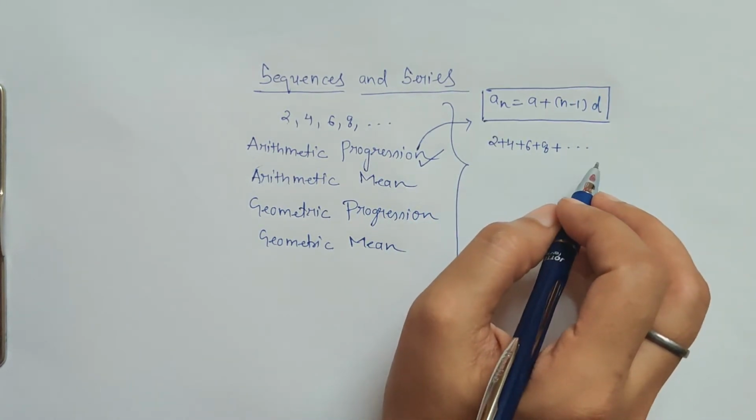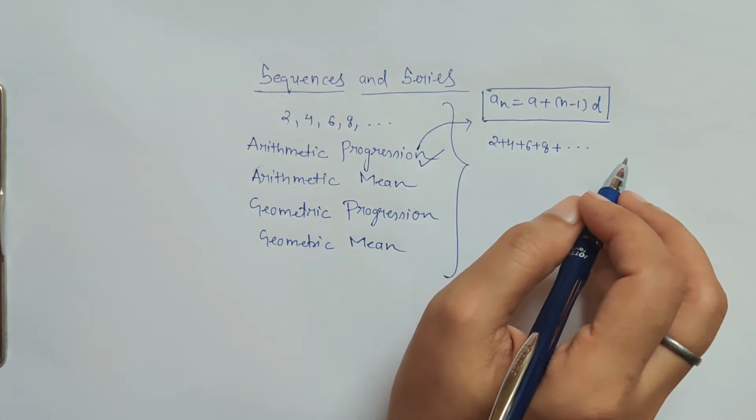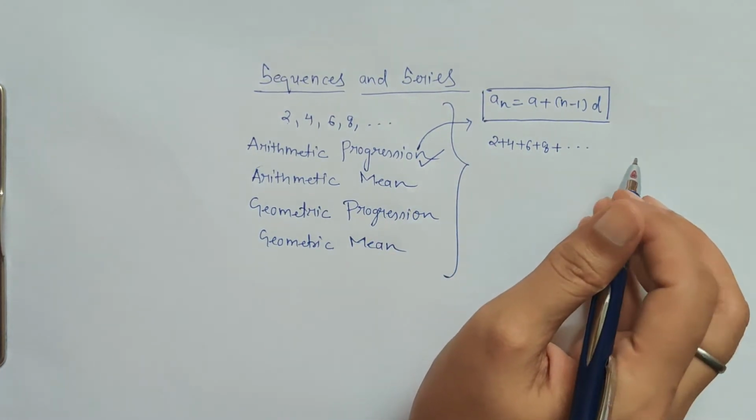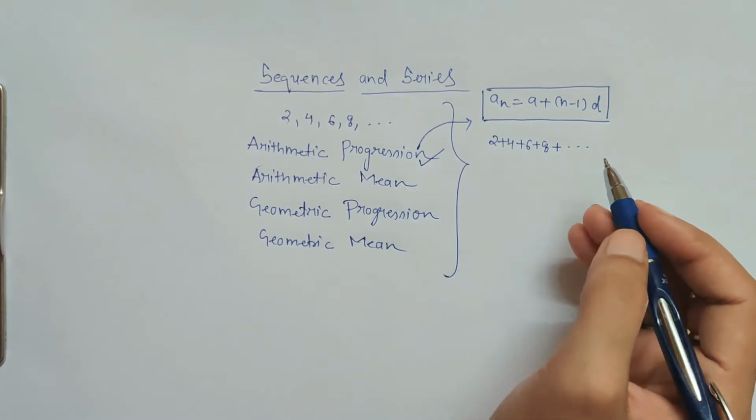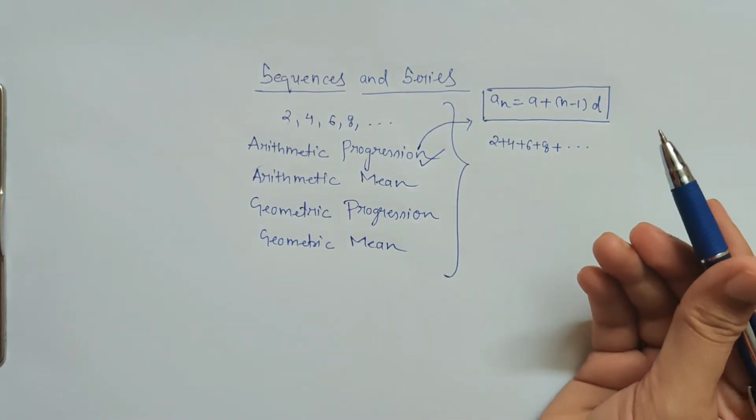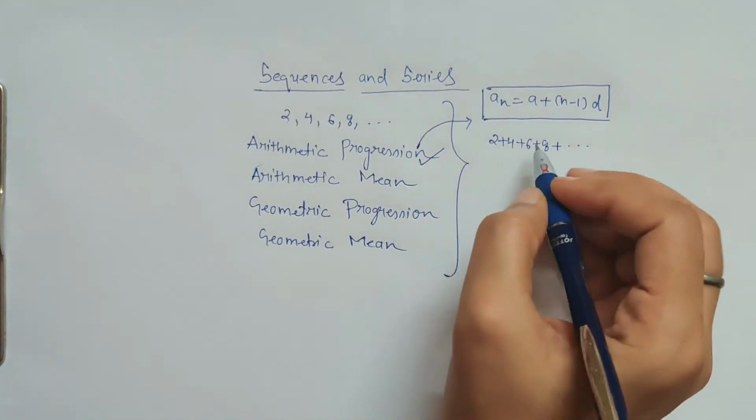Whenever the numbers are in added or subtracted form, and even with subtraction we are actually adding negative numbers, it is a series.